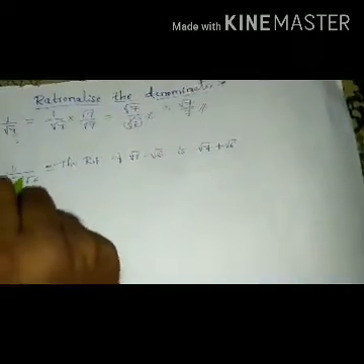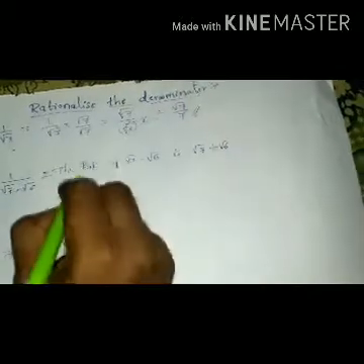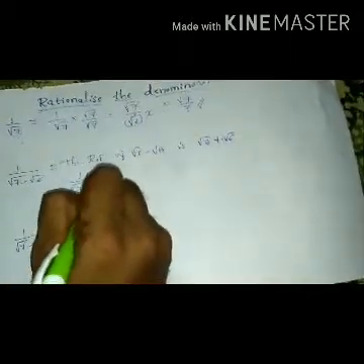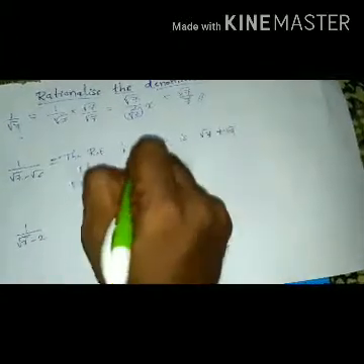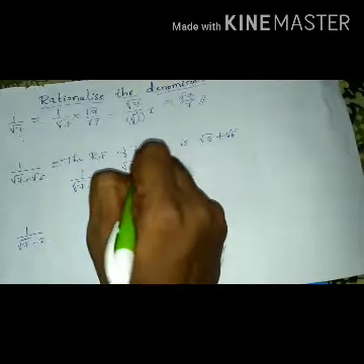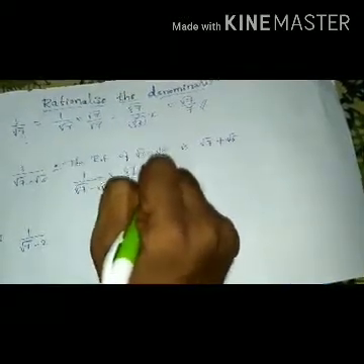See here, in the denominator there is a negative sign. In the rationalizing factor we have its opposite sign, that is plus. So multiply 1 by root 7 minus root 6, both numerator and denominator, by the rationalizing factor, that is root 7 plus root 6, root 7 plus root 6.